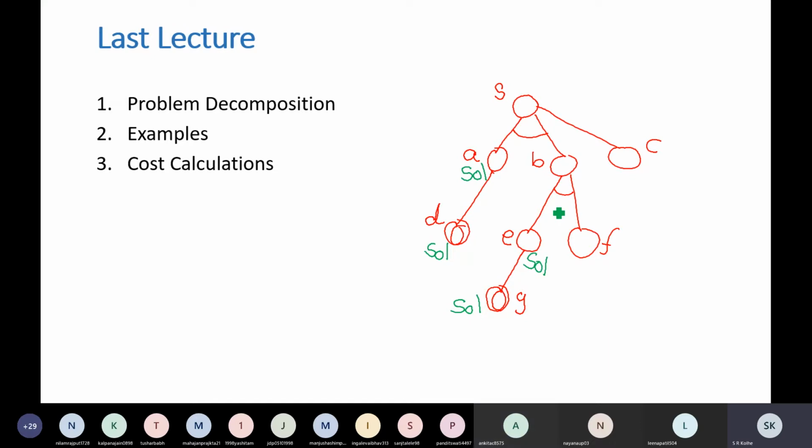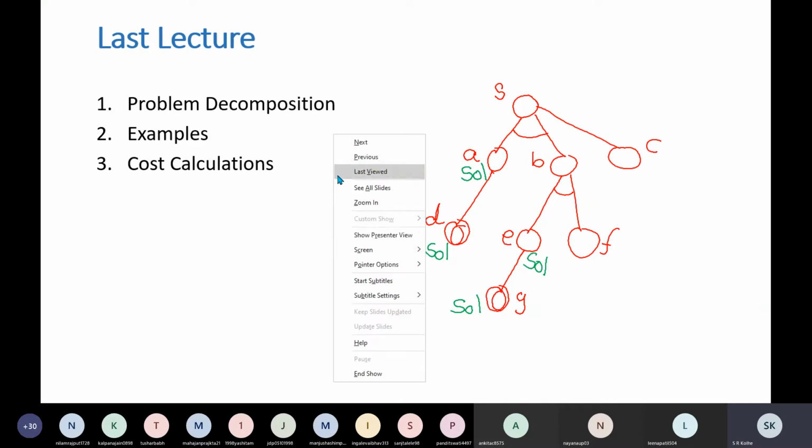F does not have any label, right? It has to be explored further. Correct. So B will not become solved, right? And since B is not solved, therefore S will not become solved, right? When will F become solved?